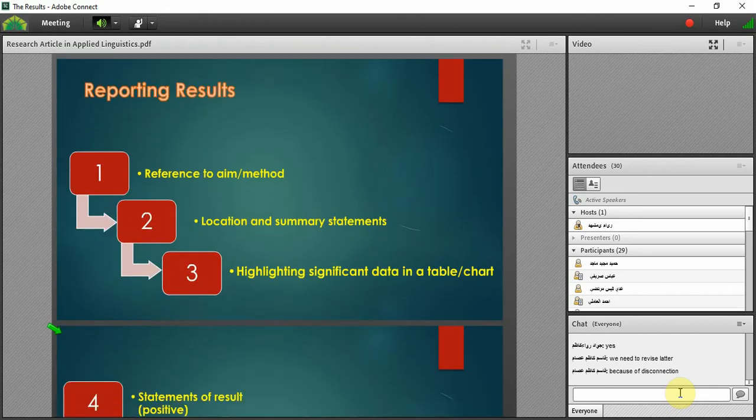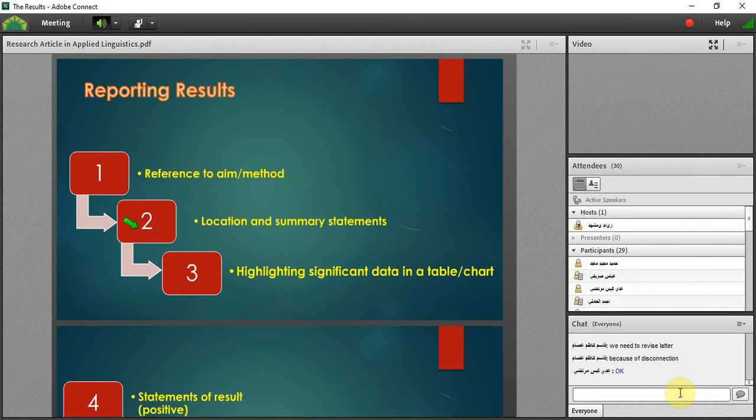Okay? Here again, I will show you some strategies to report the results in your articles, my dear students. The first one is you need to refer to the method you use to gather the data. I will tell you some examples, don't worry, just let me read the titles. The first one, reference to method. The second one, location and summary statements.